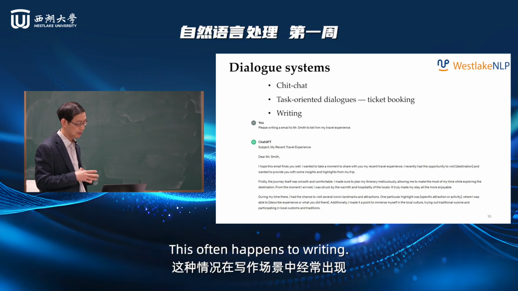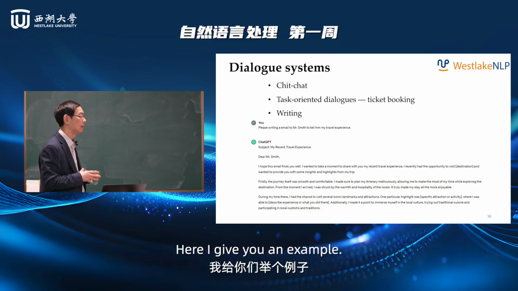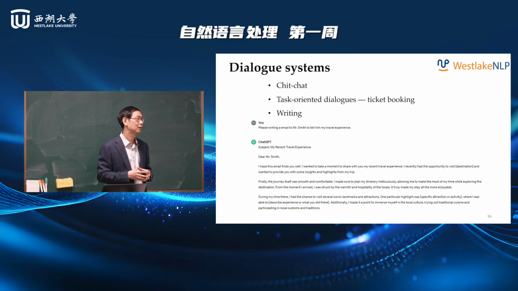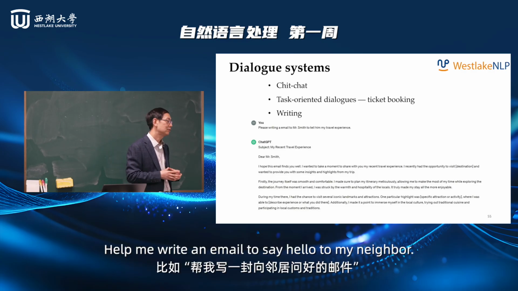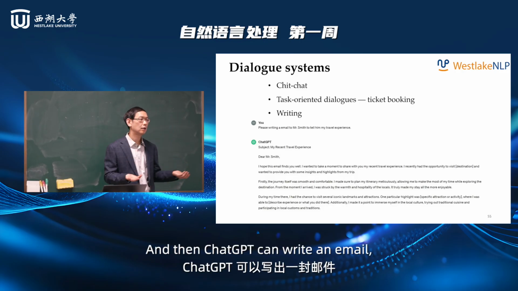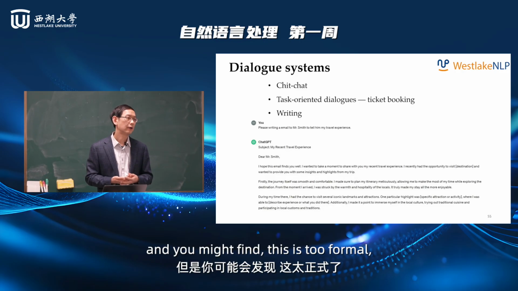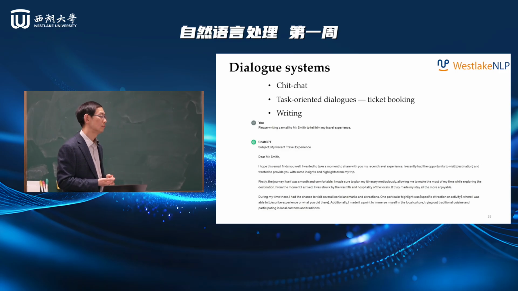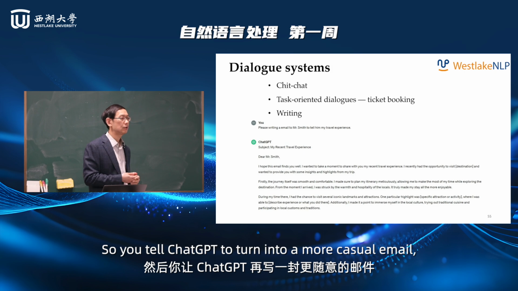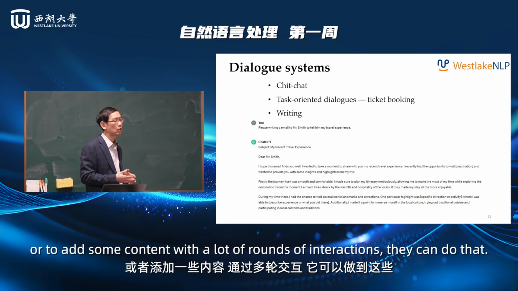This often happens in writing. Here I gave you an example. You ask ChatGPT, help me write an email to say hello to my neighbor. And then ChatGPT can write you an email, and you might find, oh, this is too formal, I want a more casual tone. So you tell ChatGPT to turn it into a more casual email or to add some content.